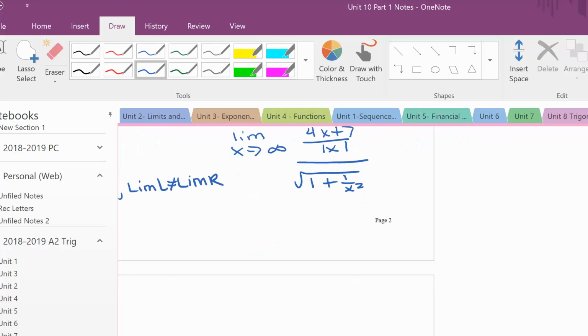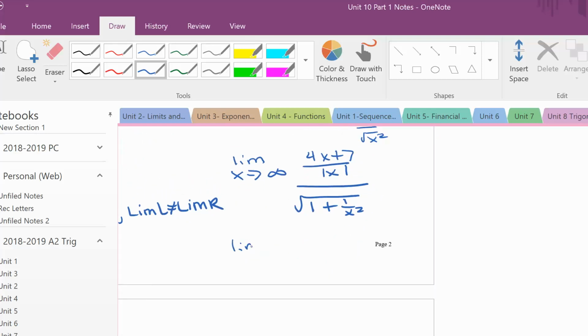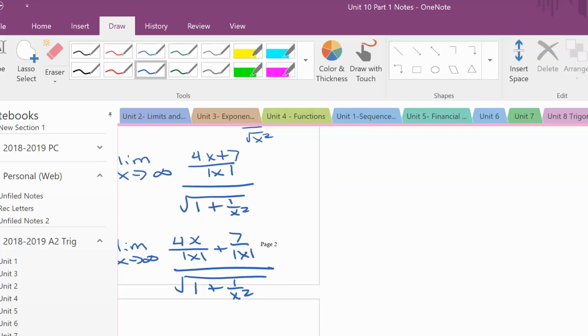So then we can simplify this to 4x over the absolute value of x plus 7 over the absolute value of x over the square root of 1 plus 1 over x squared. And then when we simplify it, the 4x over x, especially as it goes towards infinity, is just going to be 4.